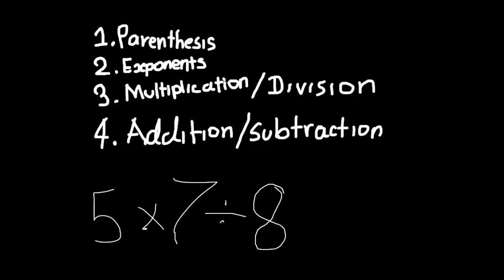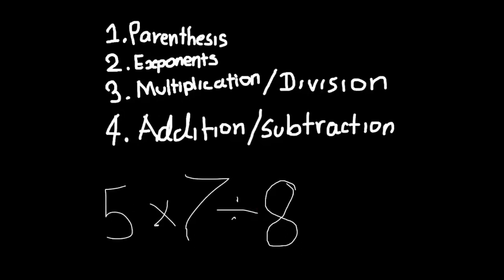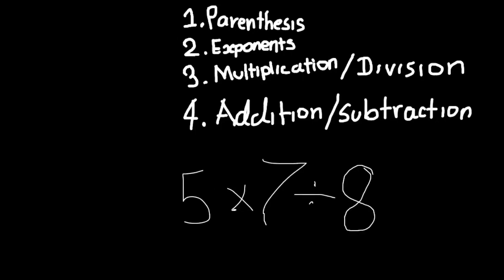Well, would you go to multiplication first or division first? Well, what did you do when you had two multiplication signs? That's right, you went from the left to the right. And if you have one multiplication sign and one division sign, you would still go from the left to the right.